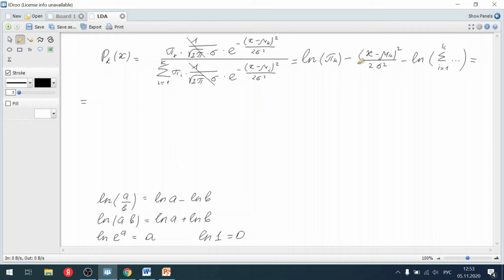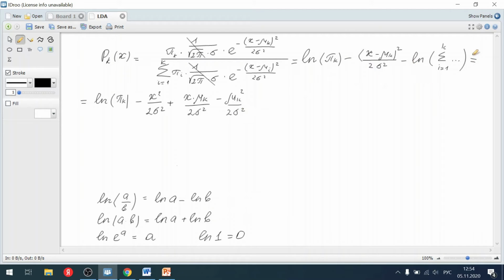Now we need to open these brackets, and we will get logarithm of pi k minus x squared over 2 sigma squared plus x times mu k over sigma squared and minus mu k squared over 2 sigma squared.